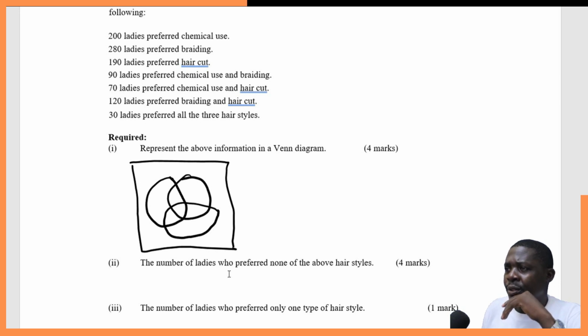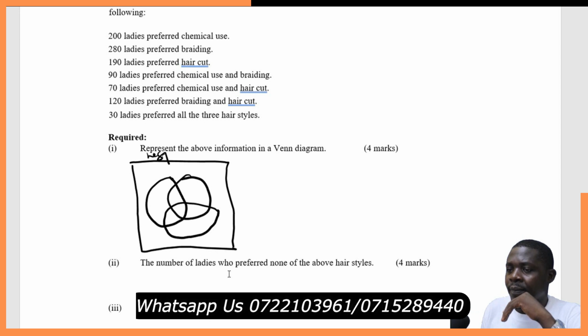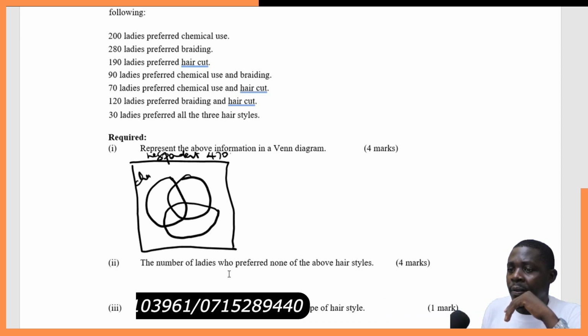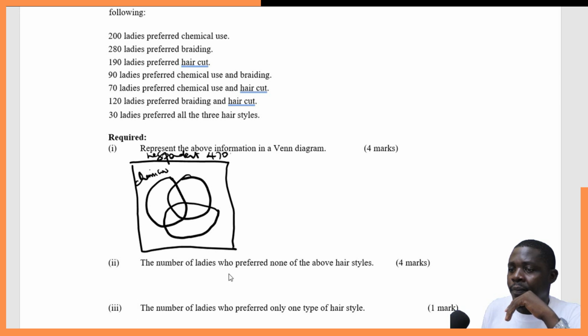The population that responded was 470. Now we can have this one to be chemical, this one braiding, and then this one haircut.